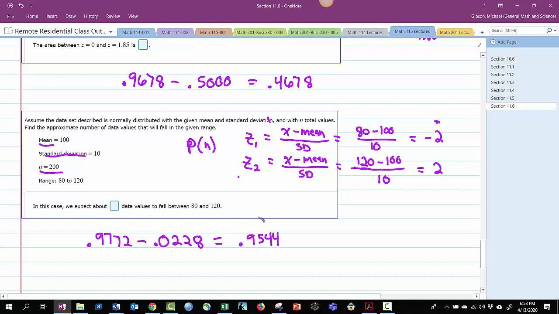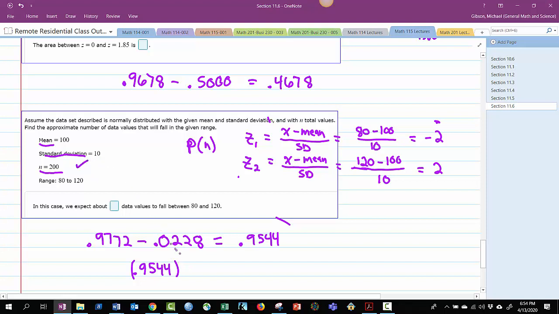Now the question is, if we did stuff at random, how many of our picks would we expect to be between these two numbers? Well, the probability of being between these two numbers is 0.9544. So the number that we would expect to be between them is that probability times however many numbers were picked, which in this case they told us the n, right?